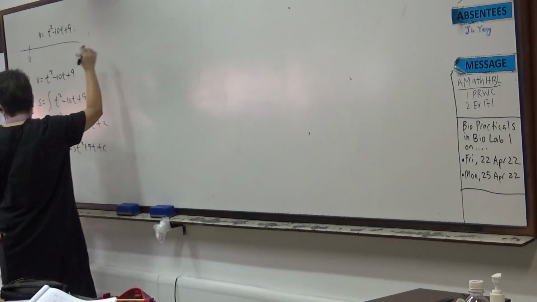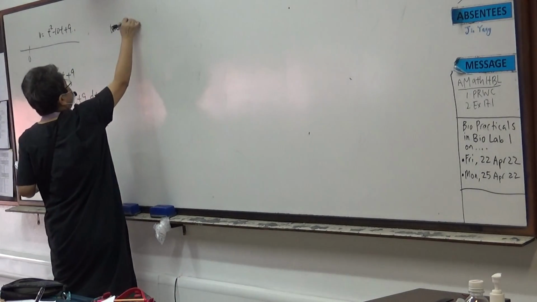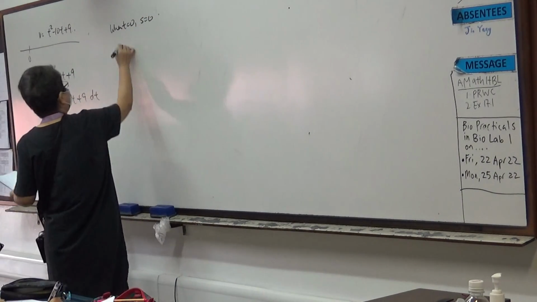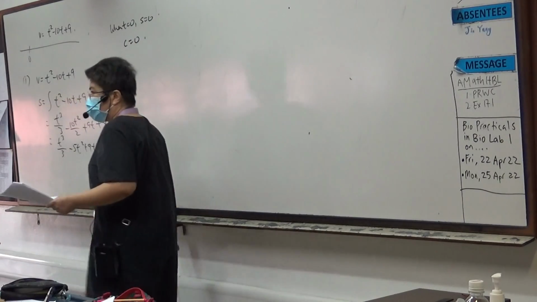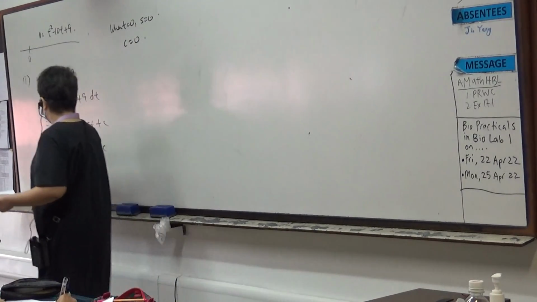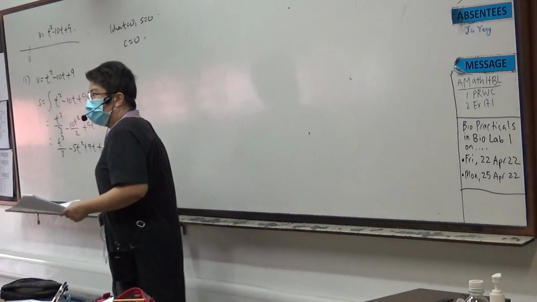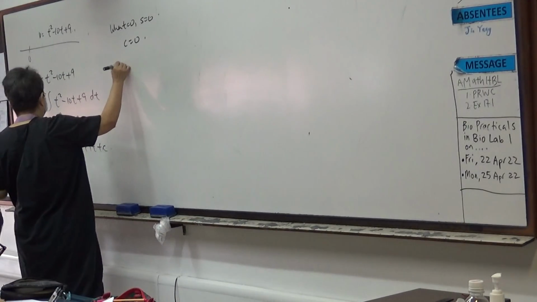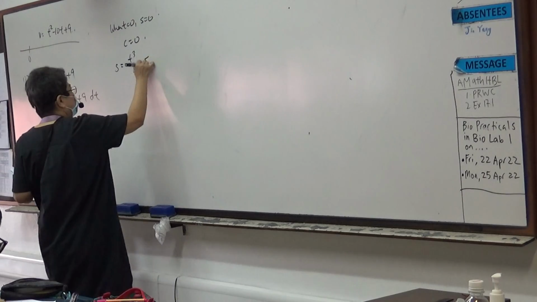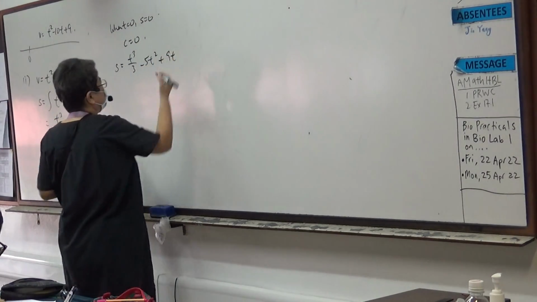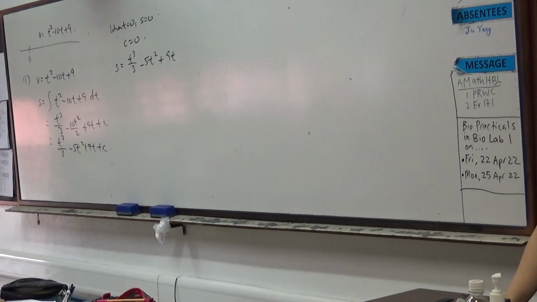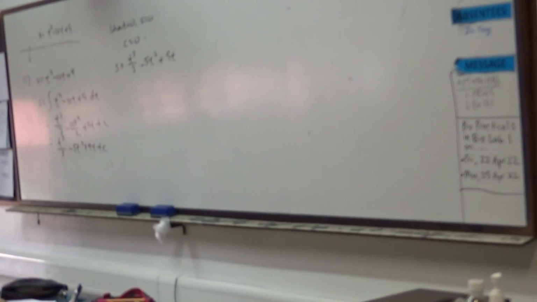Okay, so when t is 0, s is 0. I substitute 0, so c equals 0, right? You cannot assume that it's 0, because just now I showed that it might not be 0. So my displacement function will be s equals t cubed over 3 minus 5t squared plus 9t, because the constant is not there. Everybody okay with part 1?